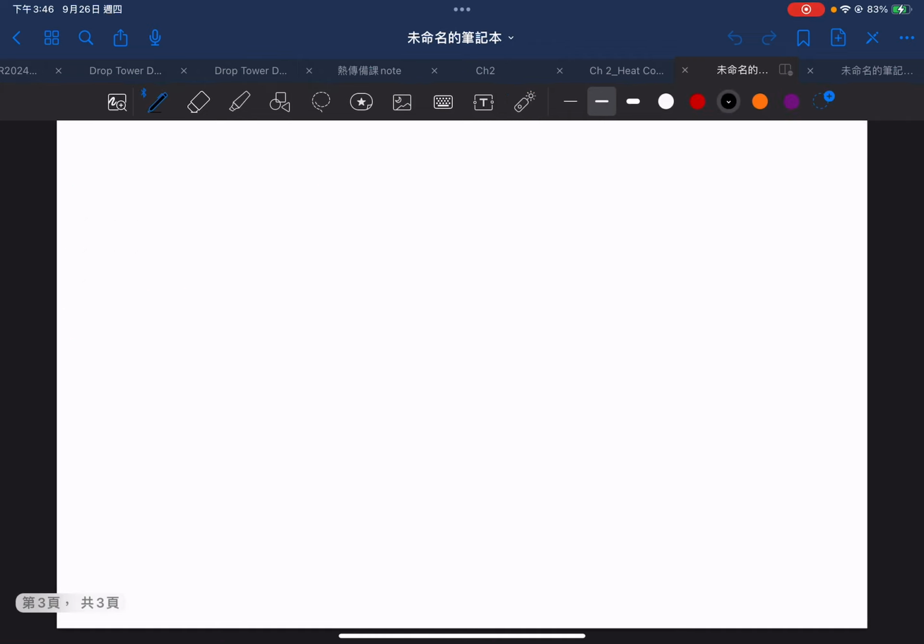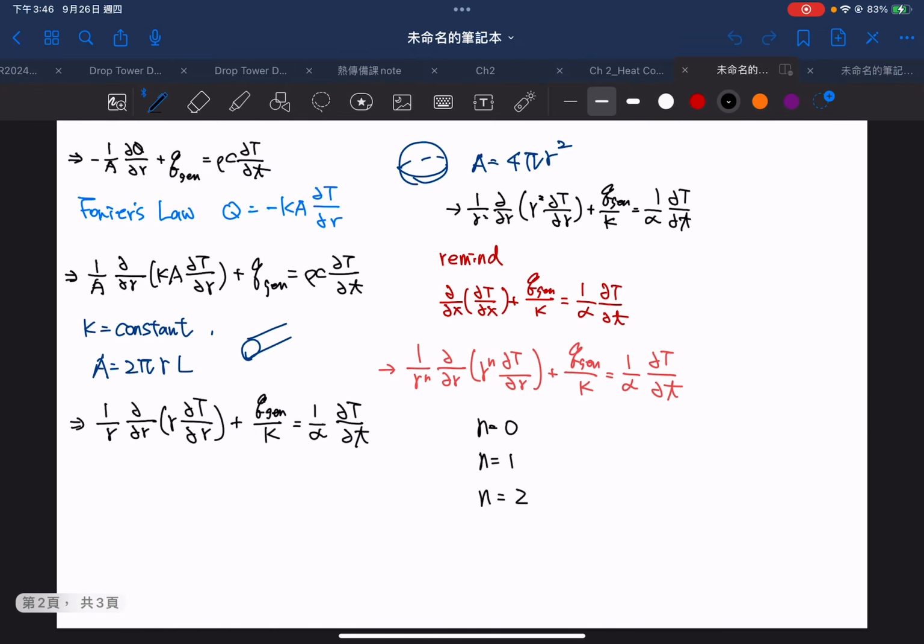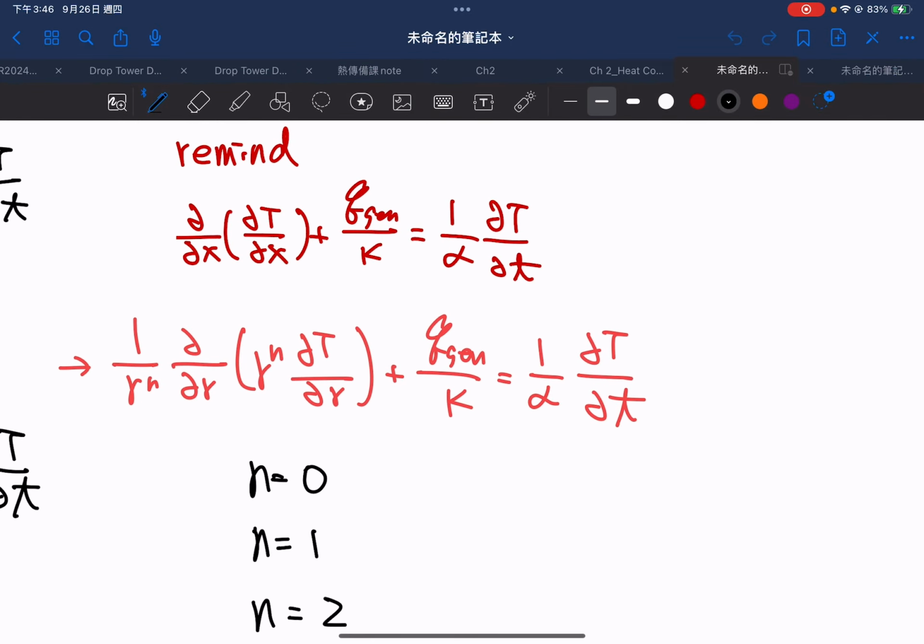Now if we take a close look at this heat equation, you can find this actually is a PDE. Even though we get rid of the constant of the heat generation, you still have the PDE.